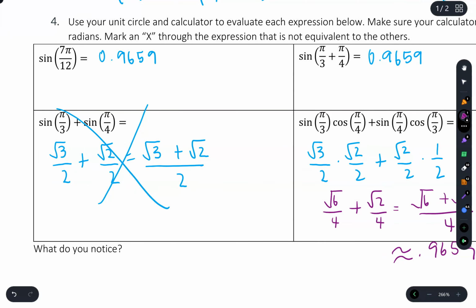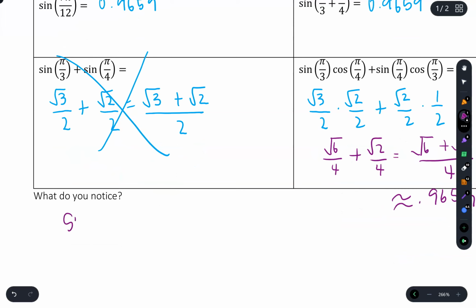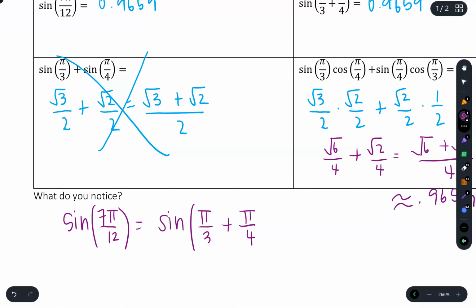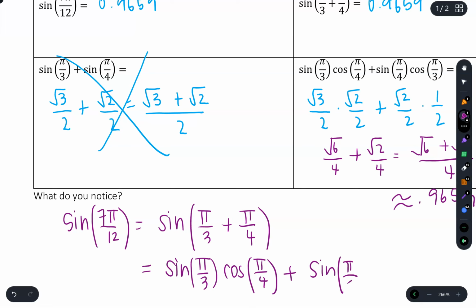So sine of 7 pi over 12 is equal to sine of pi over 3 plus pi over 4, which is also equal to sine of pi over 3 times cosine of pi over 4 plus sine of pi over 4 times cosine of pi over 3.